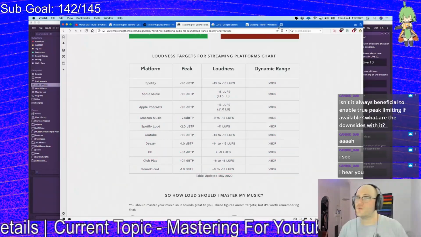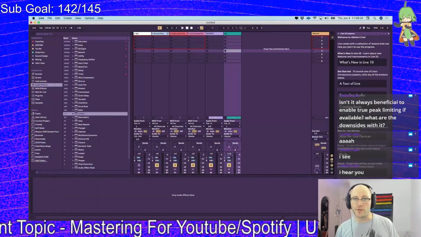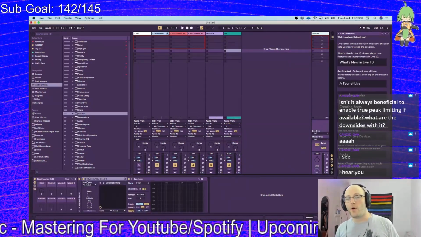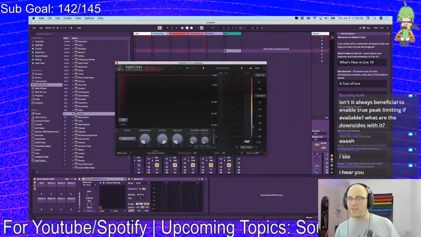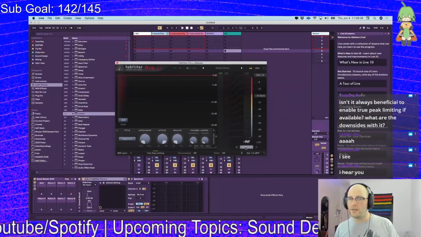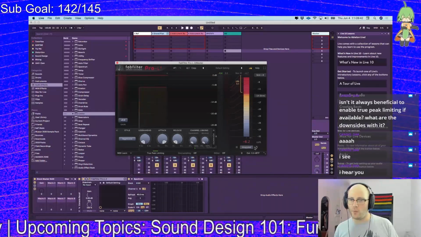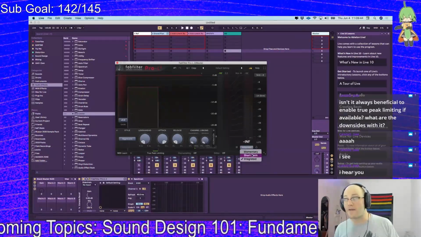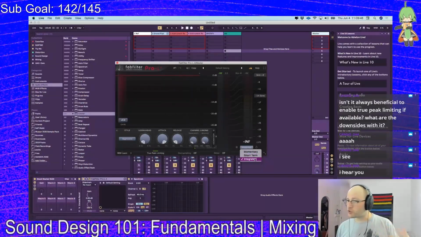Now, there's a few different options in terms of checking your loudness units. Depending upon your limiter, the limiter might come with a loudness unit scale. Typically, I have this set to integrated as the main one. Sometimes I have it set to short term, which is usually like if I'm checking the loudness of a drop.